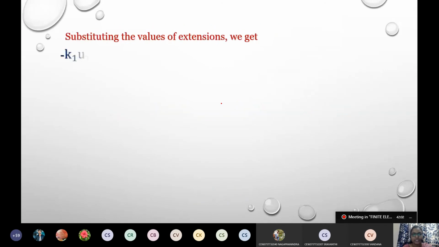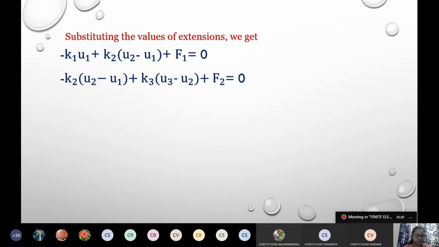All right. Now see, substituting the values of extensions. In equation 1, if I substitute the value of delta 1 and delta 2, this is my equation. Please try keeping the delta values in the other two equations also. Did we reach here? The only thing is we have to substitute the values of delta in the formed equations.